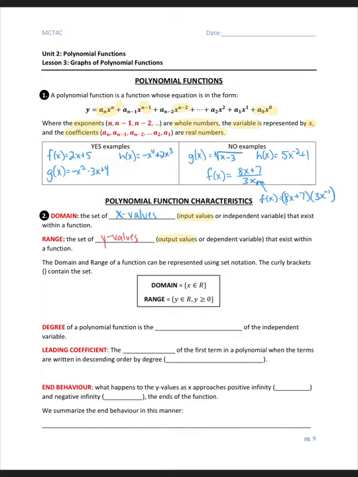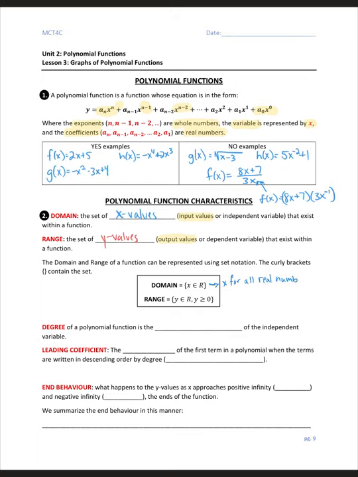And then the way we write, we use function notation. So we put the curly brackets, and then we'd say x for all real numbers. So this would be read as x for all real numbers.